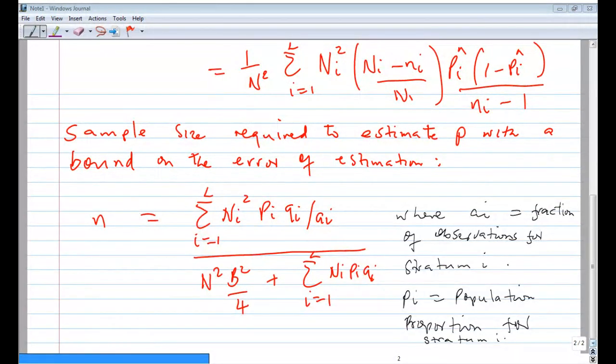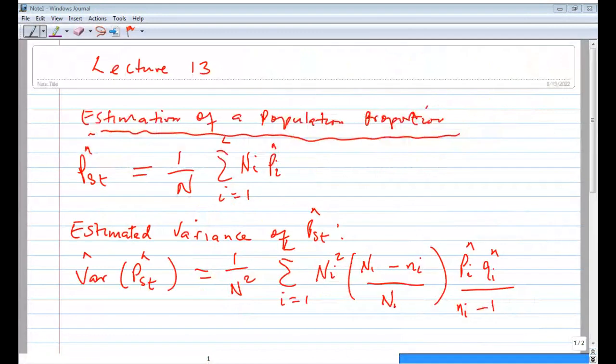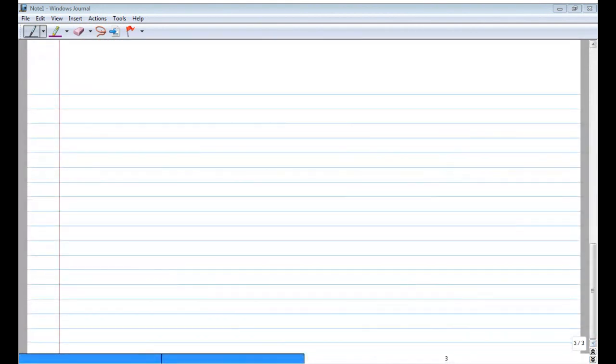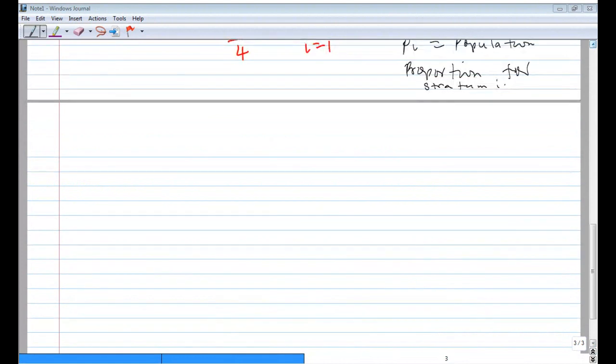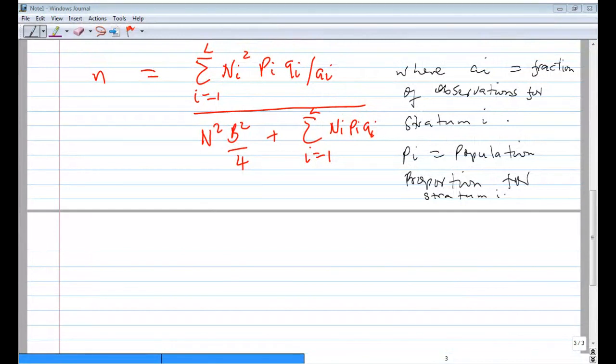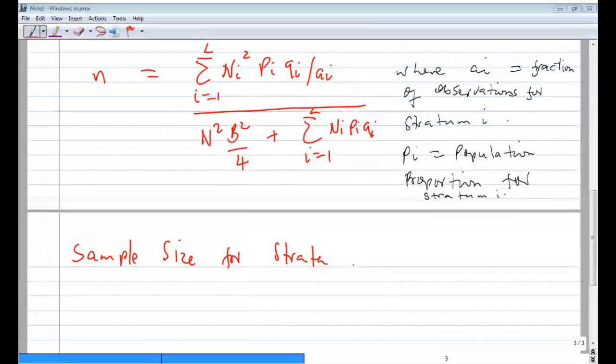Okay, let me just go to the next page. Ni is the sample size for stratum i at minimum cost.